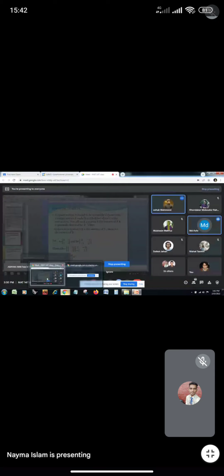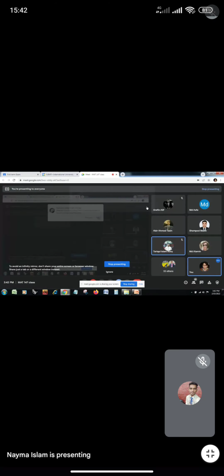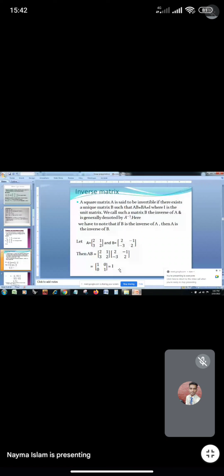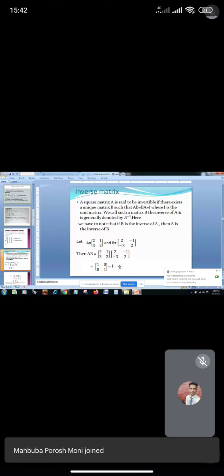If you multiply these two matrices and you get the answer I, in that case you can say A and B are inverses of each other. I means the identity matrix. Look at the structure of the matrix. This is the identity matrix.